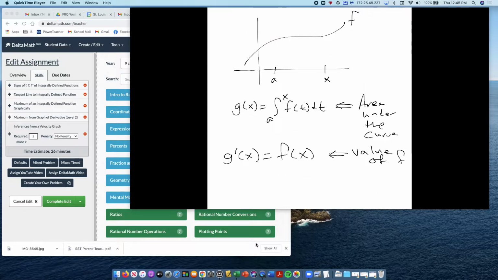And then finally, g double prime of x would equal f prime of x, which would represent the slope of f. So you have to pay attention to where we are and what we have and what we're going to try to do with these functions. They all kind of mush together, where we start talking about a function defined as an integral, but then we start doing derivatives with it right away.